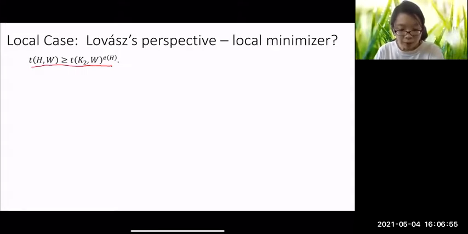For H bipartite, we don't know whether the constant graphon W equals p is the global minimizer, because if it is, then Sidorenko's conjecture already holds. Since it's hard to know whether it's a global minimizer, he asked whether we can at least prove the constant graphon is a local minimizer.